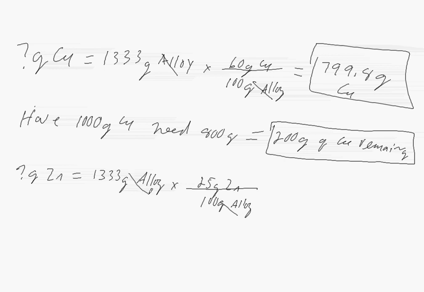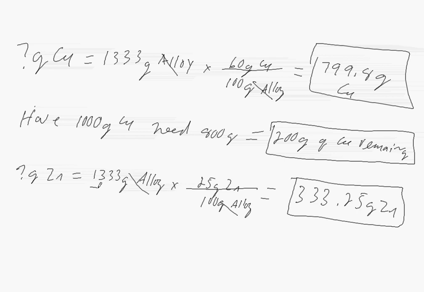Grams of the alloy cancel out. This gives me 333.25 grams of zinc. So I would need 333 grams of zinc in order to produce 1,333 grams of the alloy.